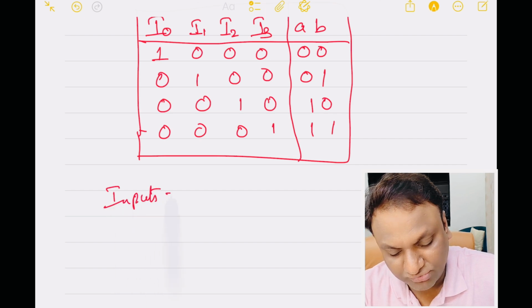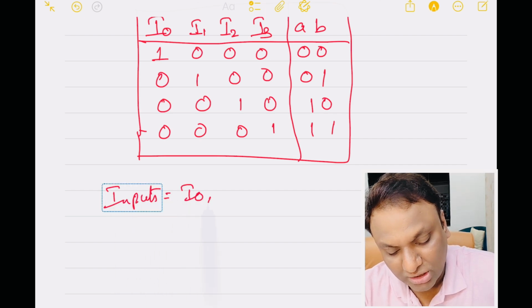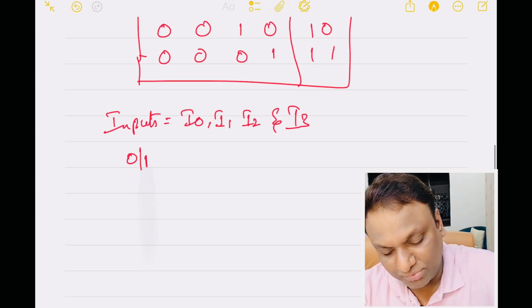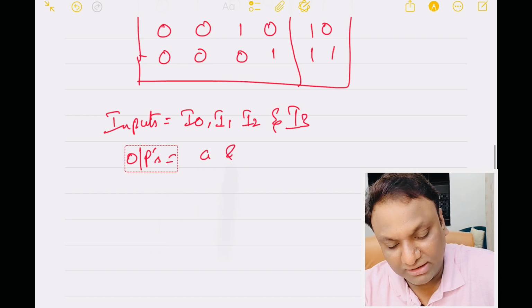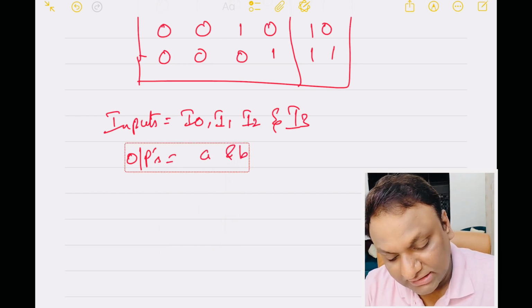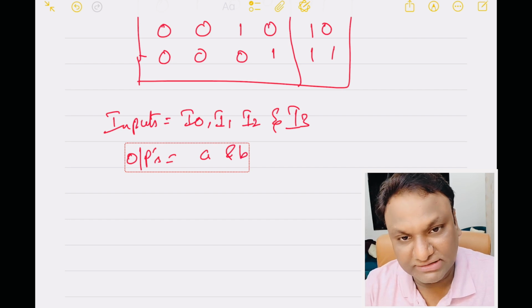So for this 4 to 2 encoder, I have 4 inputs, that is I0, I1, I2 and I3, and the outputs are A and B. Now you can implement A and B in the form of a circuit diagram.